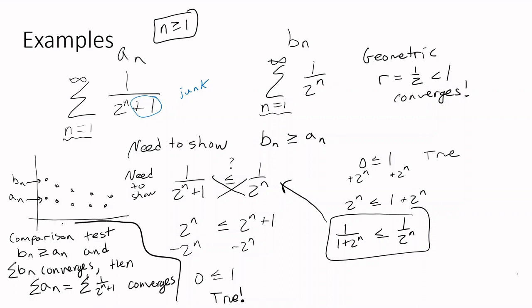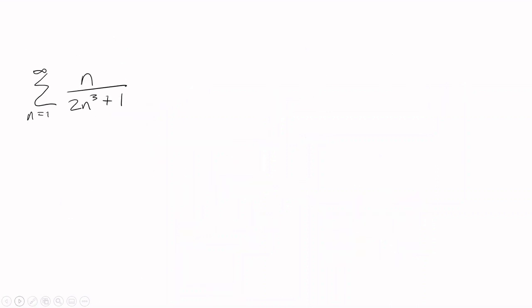So that's our conclusion. We used the comparison test. We found a B sub n, 1 over 2 to the n, that was bigger than our original terms. And we saw that that series converged. So that pushes down my series, forces it to converge. And that's the idea. So let's try another one.